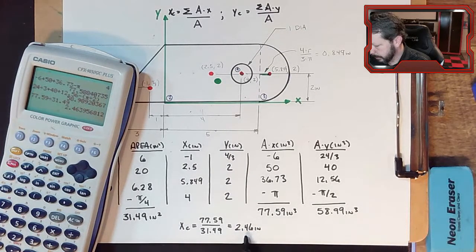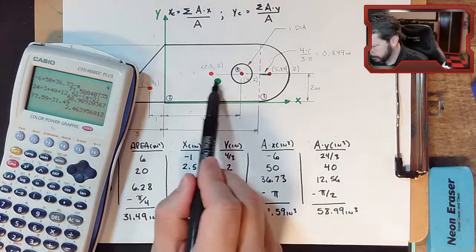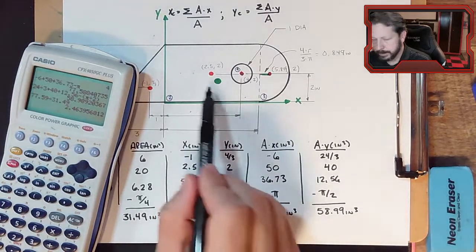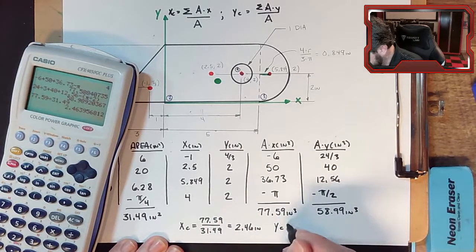It's not like 12.46 or something that really looks off. Here we're making an estimate, and here we're doing an exact calculation. As long as they're reasonably close, I'm okay with that.